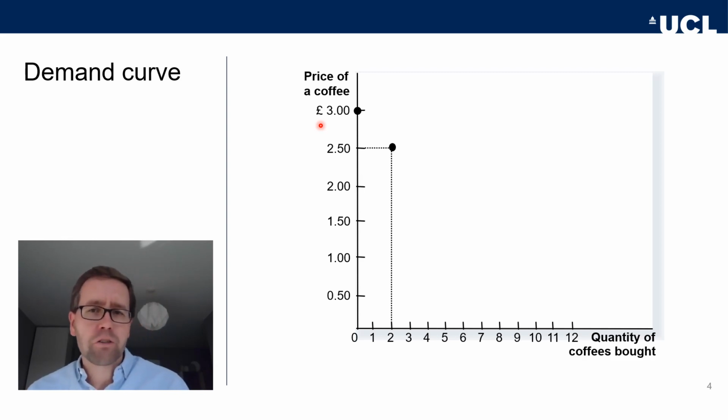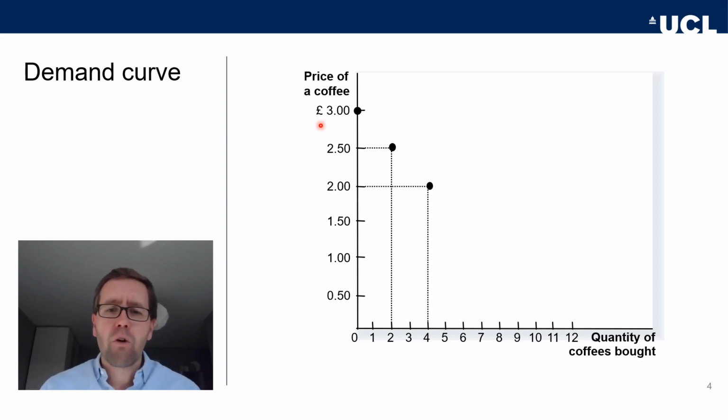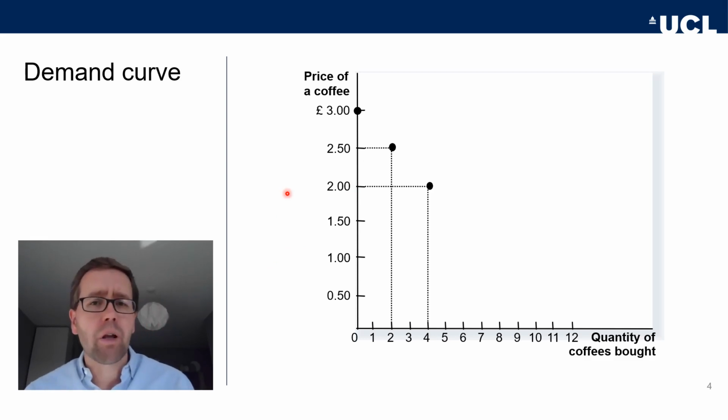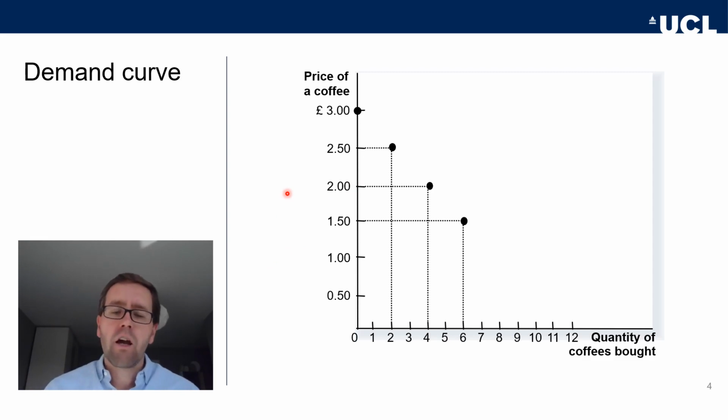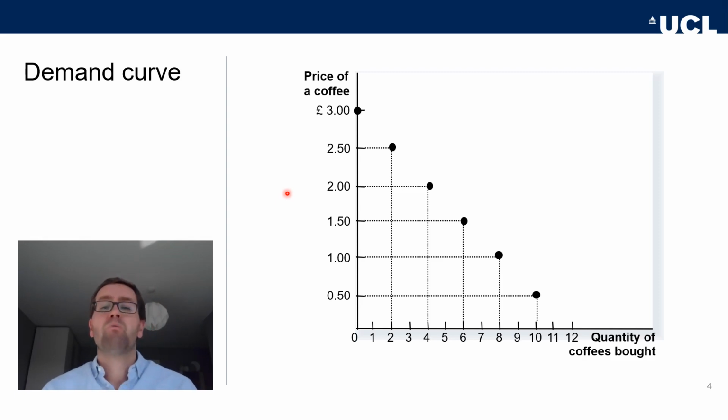But if the price falls a bit, say £2.50, already more people are willing to buy an espresso after lunch at the farmers market. And if the price falls to £2, even more people are willing to buy a nice little espresso after lunch. And if the price falls more to say £1.50 or £1 or 50p, then even more people buy espresso, okay?